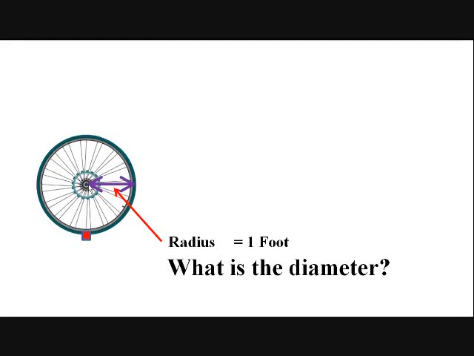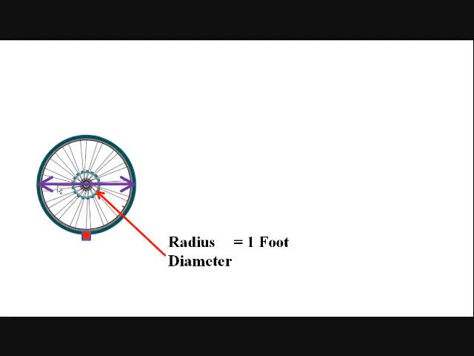But what I can also do is draw another radius that goes from the center straight across to the left, and that's also going to be 1 foot. And guess what happens when I put those two radii together? I get the diameter, of course, which is the distance that's straight across the circle. So that means that our diameter is going to be 1 plus 1, or 2 feet. The first one for the left radius, the second one for the right radius.